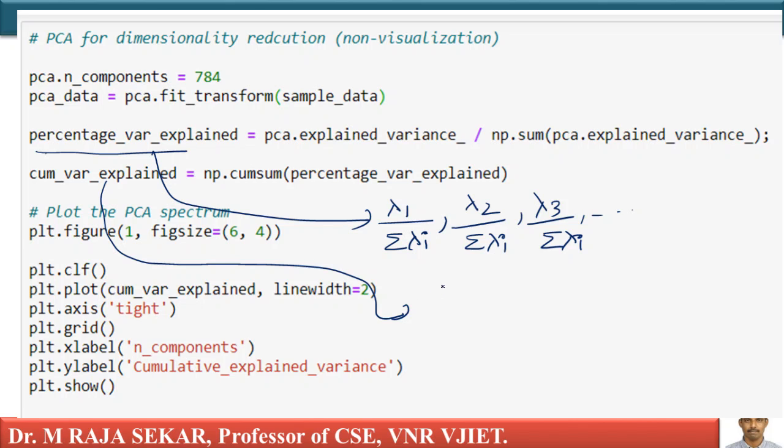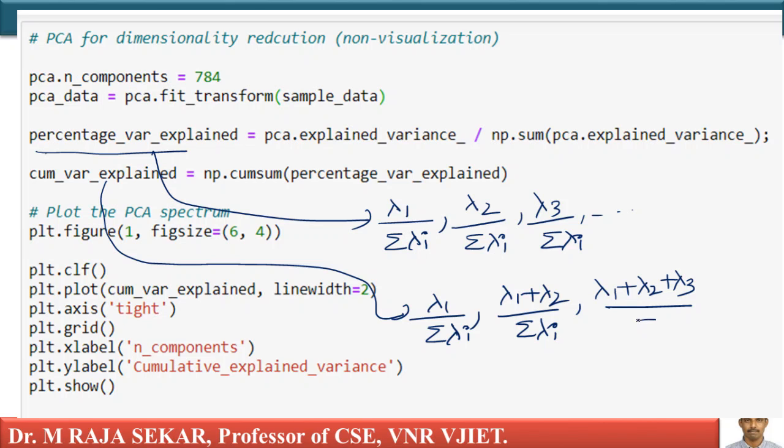This means lambda 1 by sigma lambda I, comma, lambda 1 plus lambda 2 by sigma lambda I, comma, lambda 1 plus lambda 2 plus lambda 3 by sigma lambda I, comma, and so on.